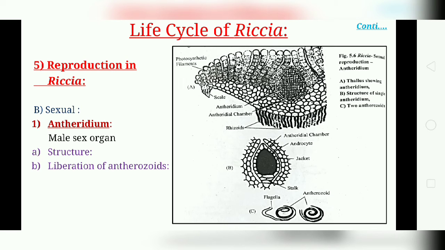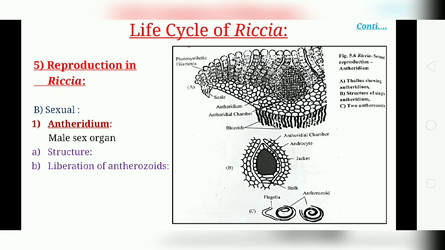Next is the liberation of antherozoids. In favorable conditions, when enough moisture is available, the jacket cells imbibe water and disorganize to ooze out the mass of antherozoids. The antherozoids are liberated in the semi-fluid surface film.